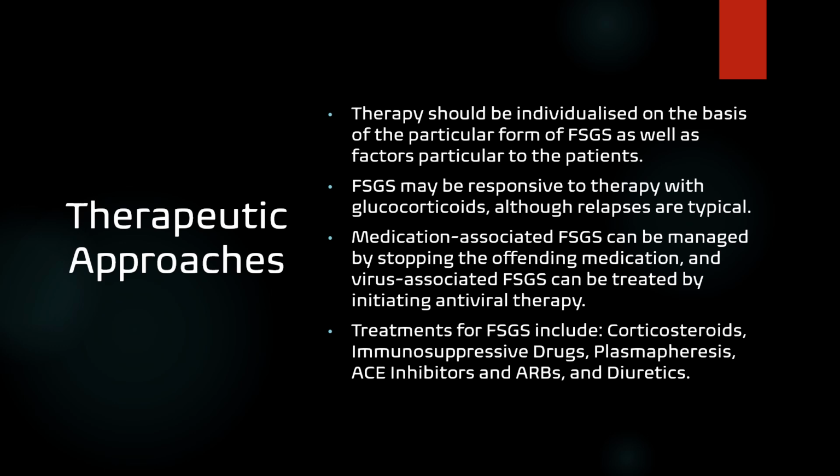In the context of therapeutic approaches, I mentioned a few in one of the earlier slides, but generally therapy should be individualized on the basis of the particular form of FSGS, as well as the factors particular to the recipients. FSGS may be responsive to therapy with glucocorticoids, for example, although relapses are unfortunately typical as well.